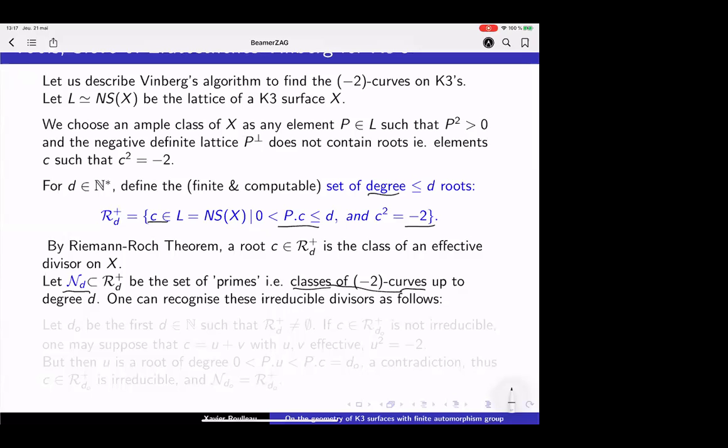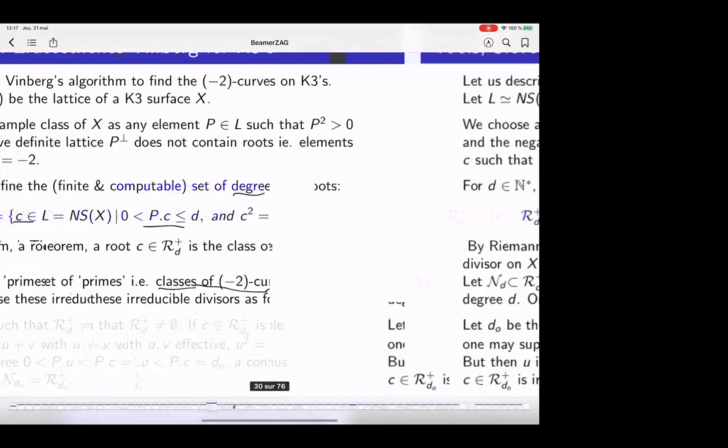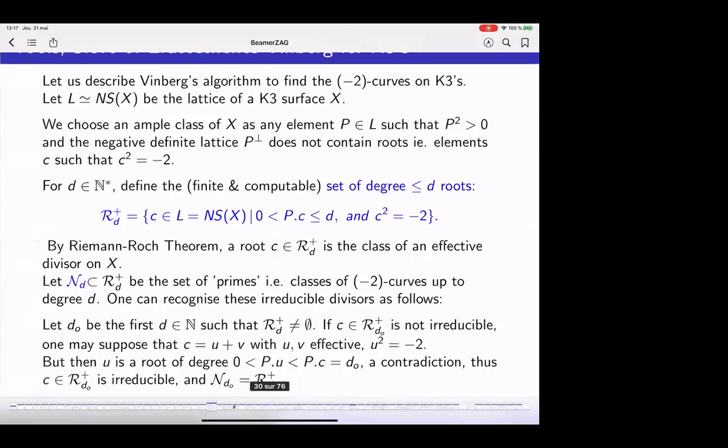You want to know which ones are classes of -2 curves. For that, you start with the first d0 such that the set Rd of roots of degree less or equal than d is not the empty set.